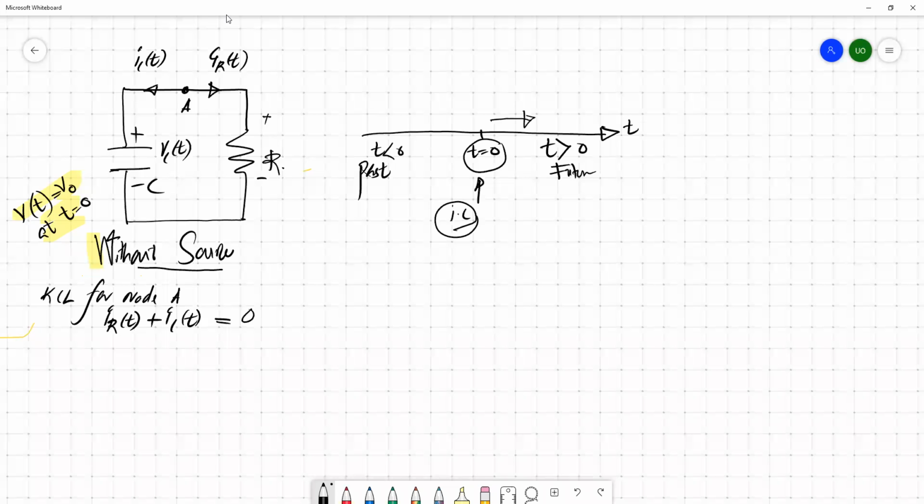So if we apply Kirchhoff's voltage law, we can easily identify that VCT equals the voltage across the resistor, VR.